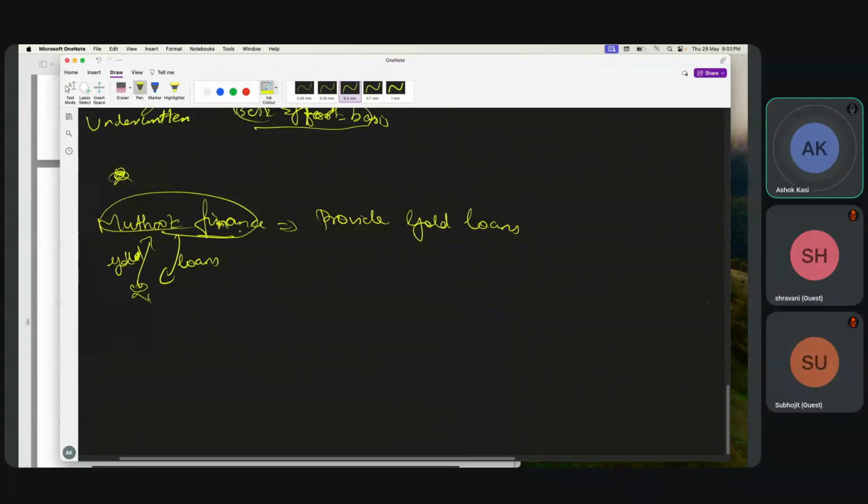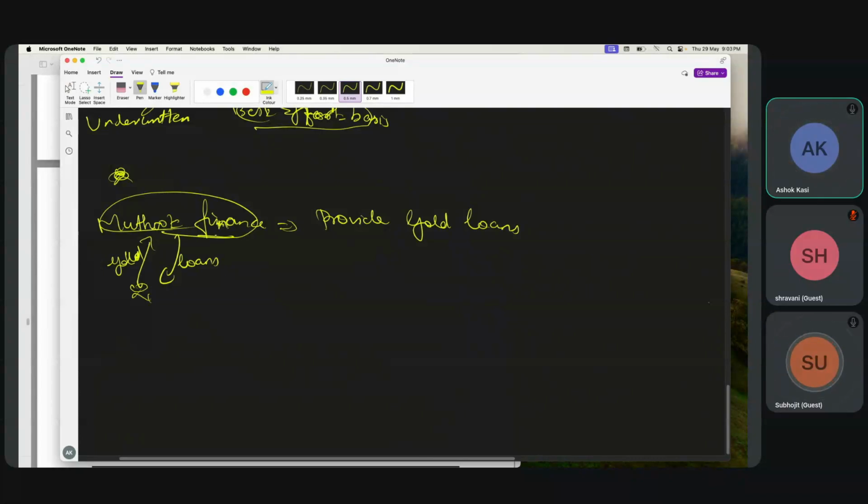Are they like a bank? Are they taking money from public deposits, fixed deposits or saving accounts? Can you open a saving account with Muthoot Finance? You cannot, right? Then how are they getting money?